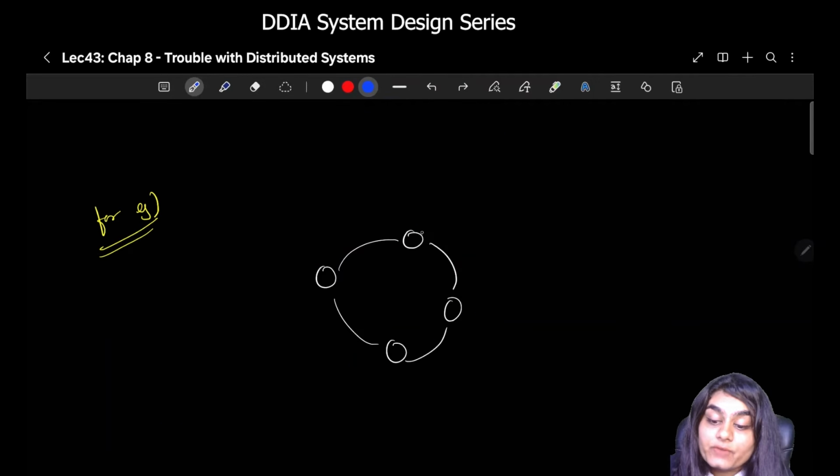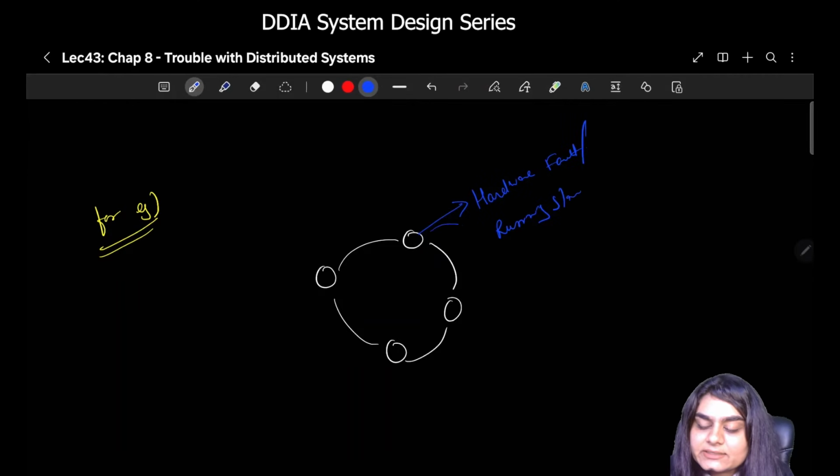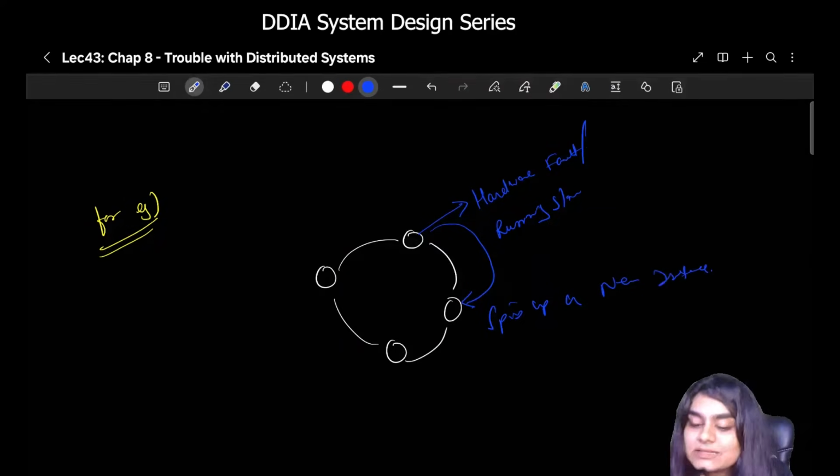For example, if one server in a cluster has a hardware fault or is running slow, the system automatically redirects the traffic to the other nodes and spins up a new instance. Cloud systems assume that something is always broken. After all, at large scale, we can't avoid component failures. This lets them stay available. Even if one node or a whole rack fails, the service can continue.